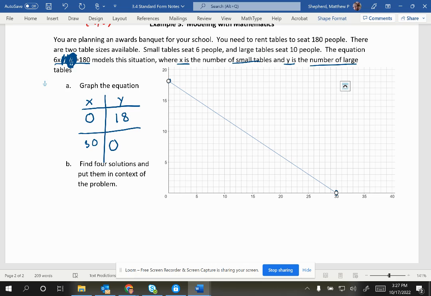And now we've got our graph. Okay, so using this, I'm now going to find what we call lattice points. The lattice points are where my line I've just drawn crosses these gray lines perfectly.